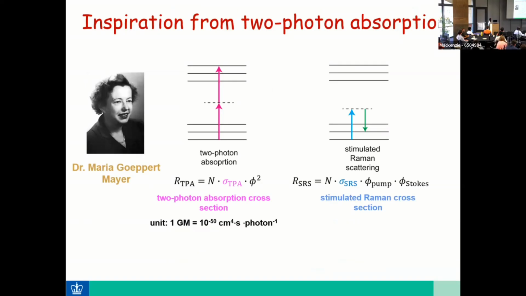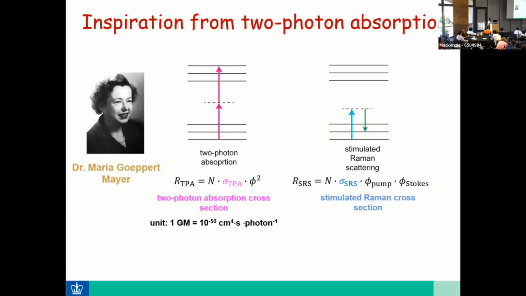Her name, Goeppert-Mayer, later became the unit for this coefficient, which essentially defines the rate of the two-photon absorption as equal to the number of molecules times their cross-section for the molecular absorption and the square of the photon flux.